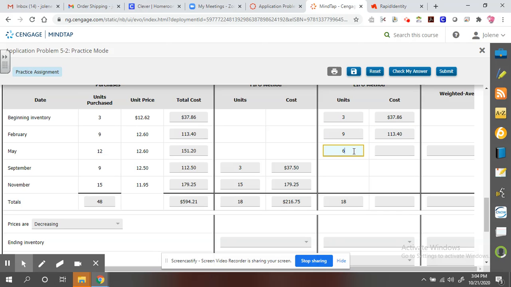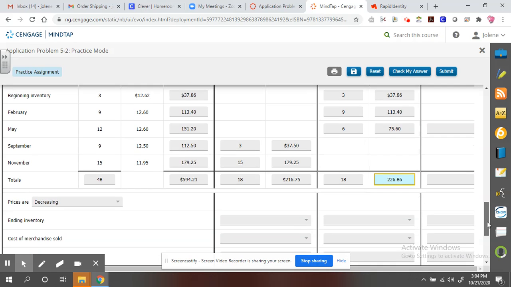So we need 6 of these. 6 times 20, 120. So we need to add down the column. And there's your inventory if you do it with the LIFO.